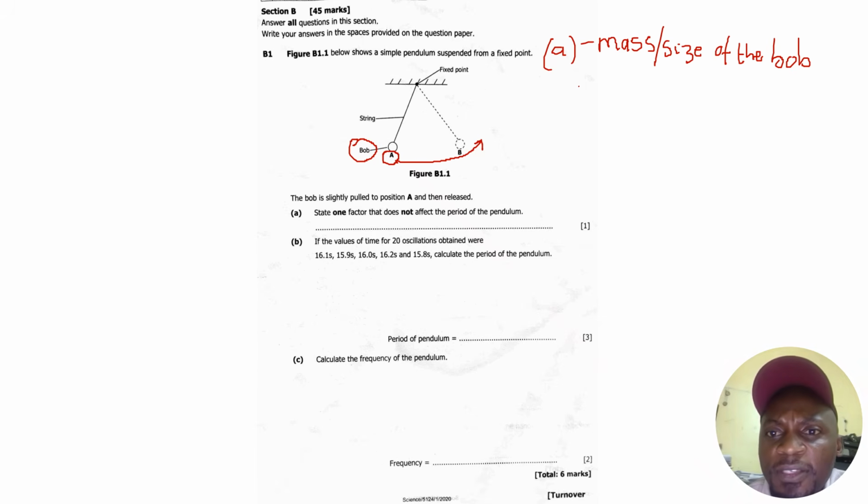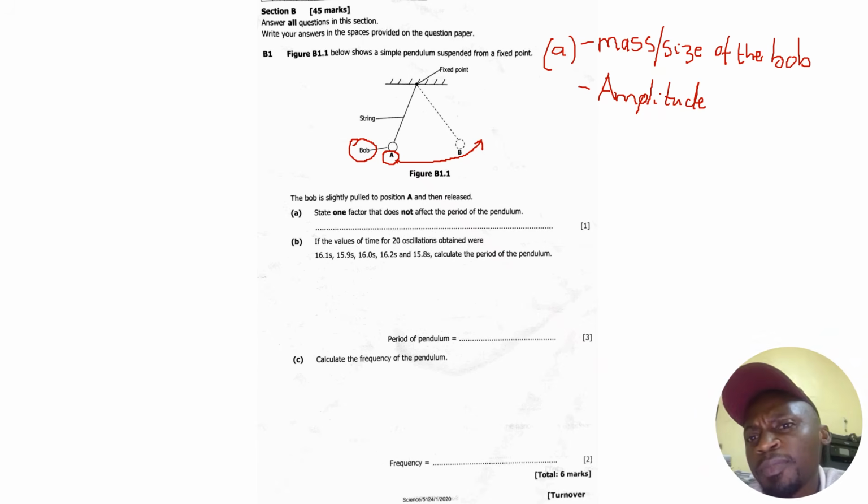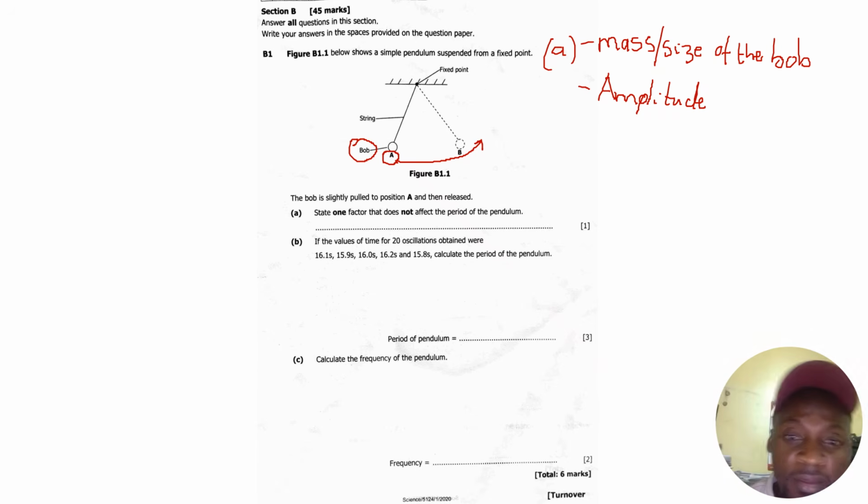Then we have another factor, amplitude. The amplitude, this is for small angles, does not affect the period of the pendulum. So what do we mean by amplitude?